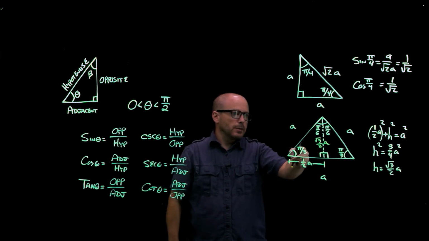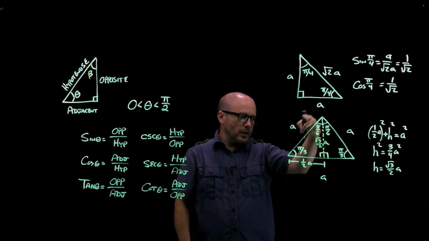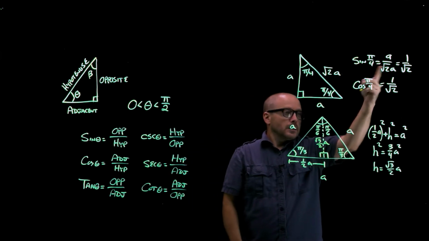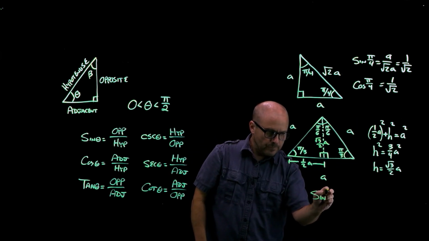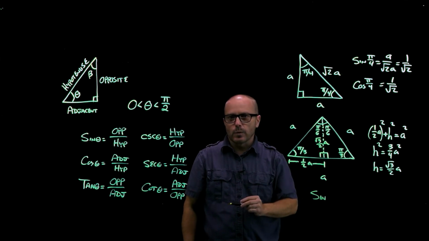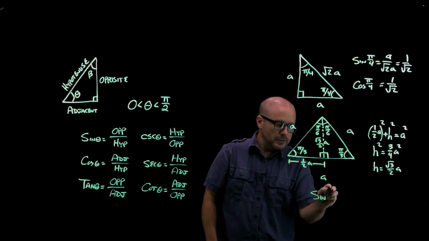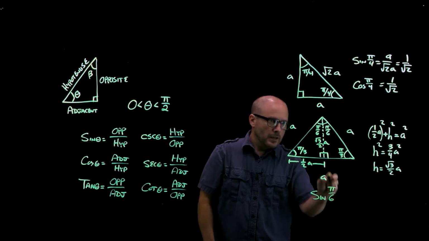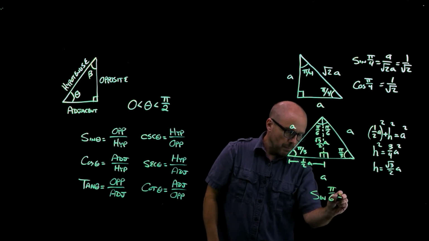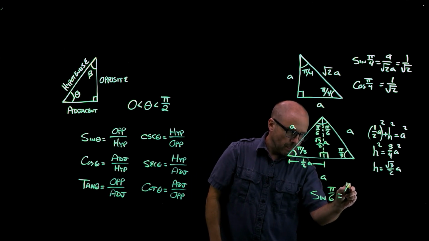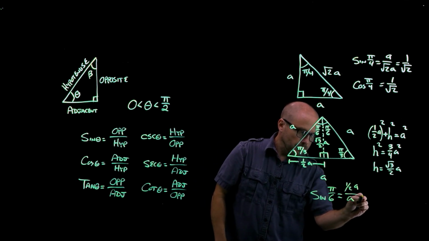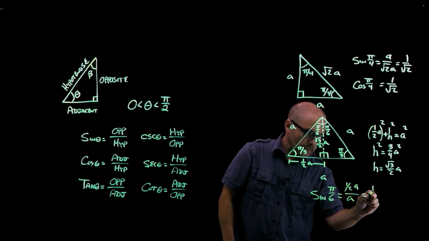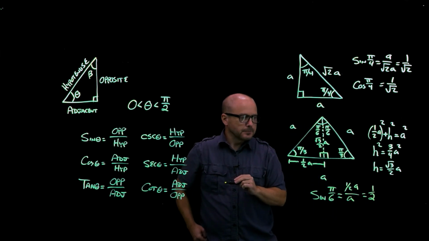Now I can do the same thing. Now I know all the sides on this little triangle here. So we can say what sine is of either angle. We're getting 2 for 1 on this one, pi over 3 and pi over 6. Let's start with pi over 6. Opposite over hypotenuse. So sine is 1/2.